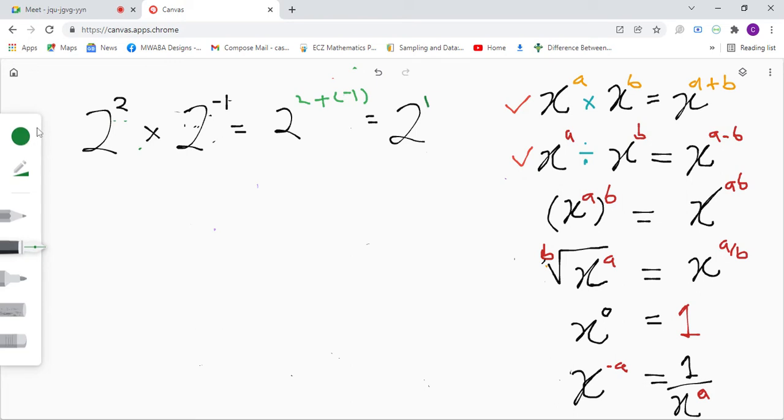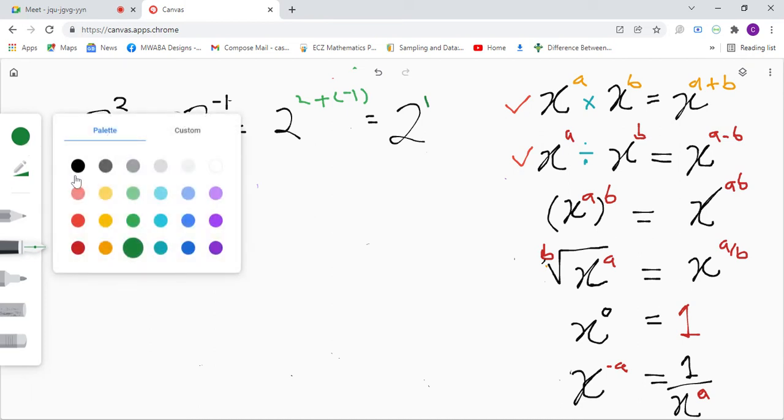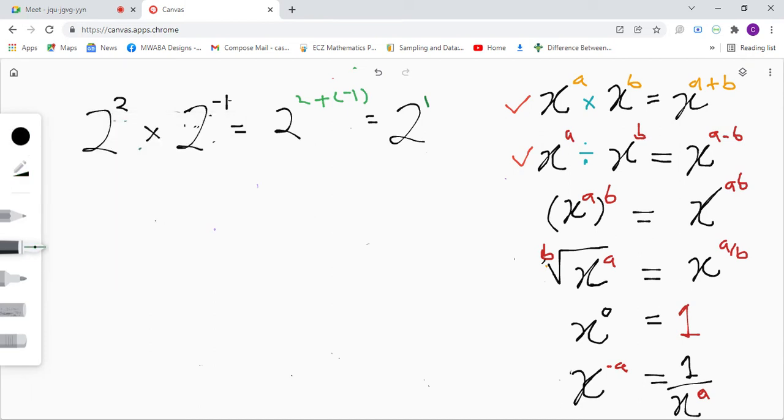Then we go to dividing the same bases. Let's say, for example, we have 8 to the power 4 divided by 8 to the power -6. We've got the same base, which is 8.